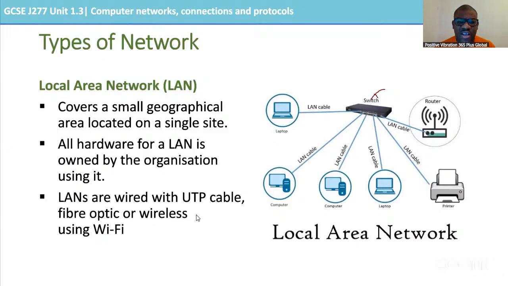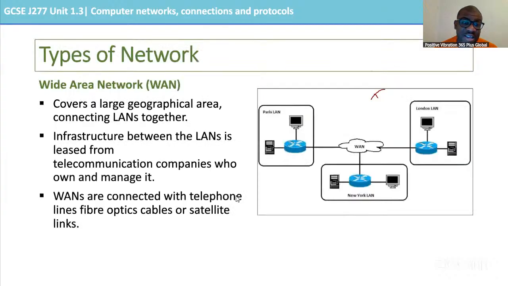So copy that picture and put that in. Now I'm going to give you 3 points that you need for a wide area network. Here they are. So a wide area network covers a large geographical area. And watch this now. Connecting LANs together. Let me explain that.